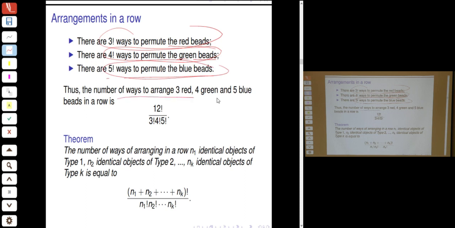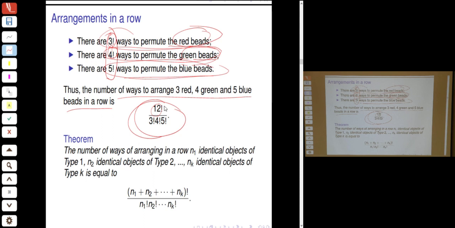So the number of ways to arrange 3 red, 4 green, and 5 blue beads in a row is, total number of beads is 3 plus 4 plus 5, which is 12. So total number of beads factorial divided by the number of mutual permutations of each kind of beads multiplied with each other. So 12 factorial over 3 factorial times 4 factorial times 5 factorial.